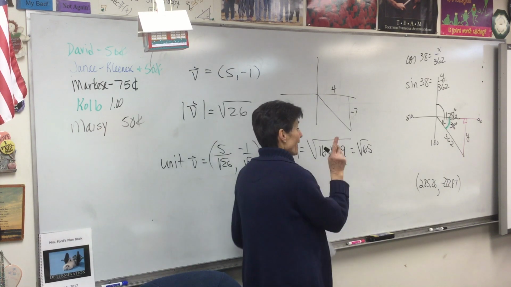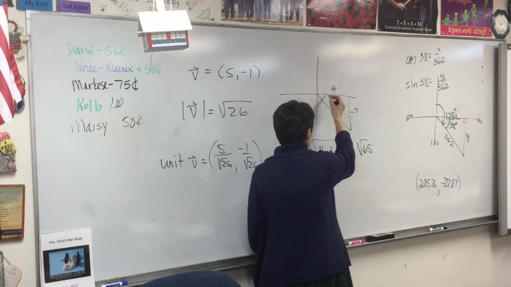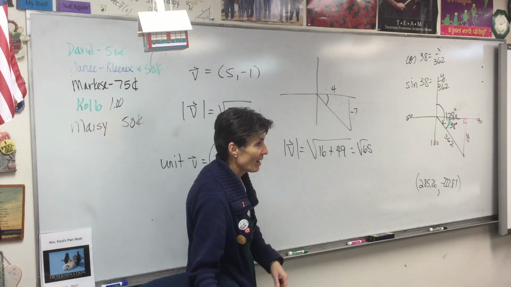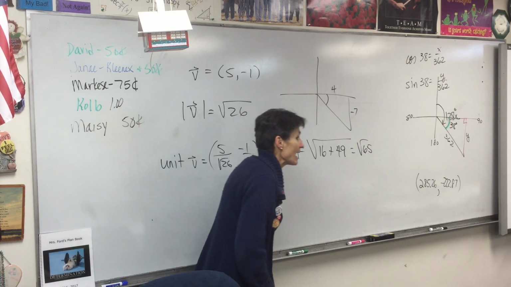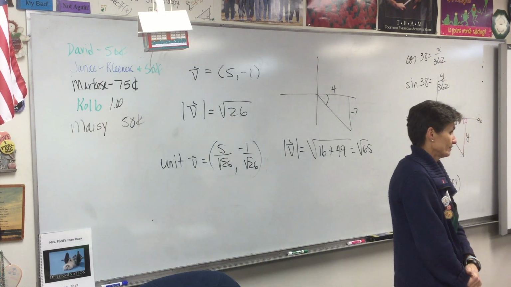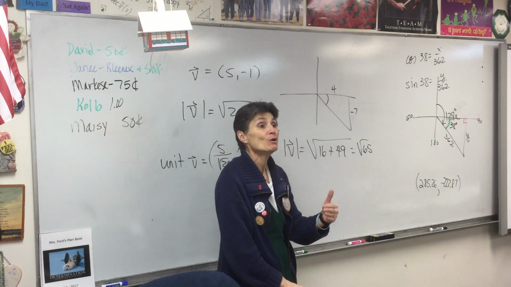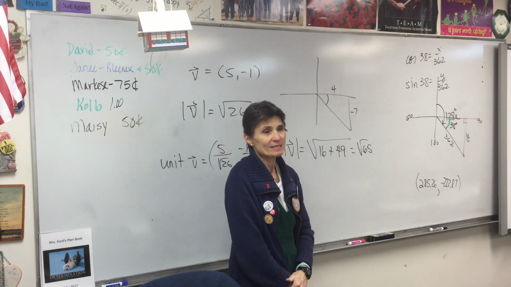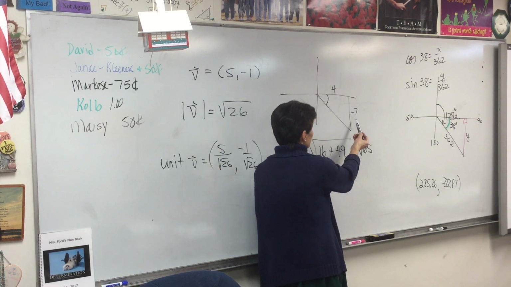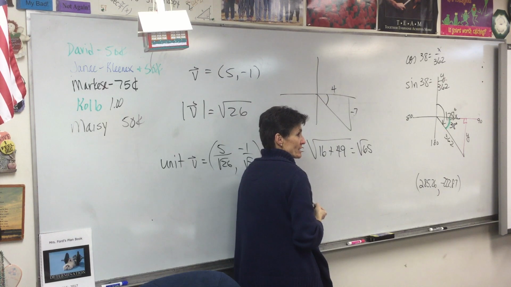Now I need the direction angle. So I need to find this angle right here. How do I find any angle ever? Inverse something. In this case, it would make the most sense to use tangent, because right in front of you, you have opposite over adjacent.